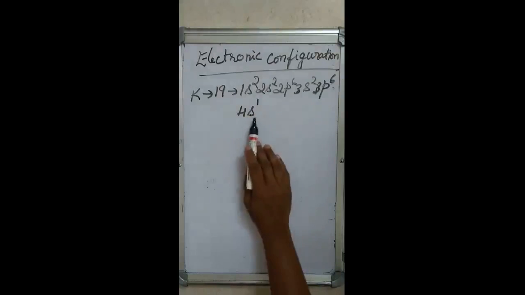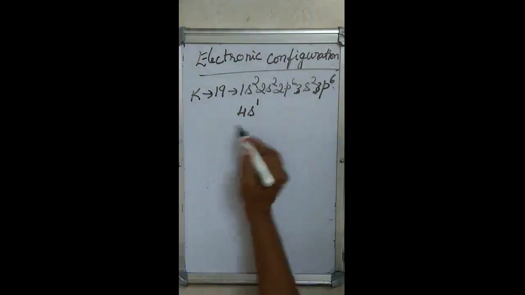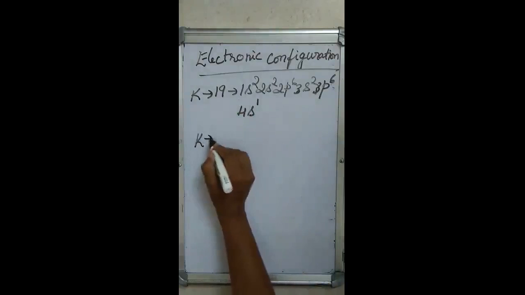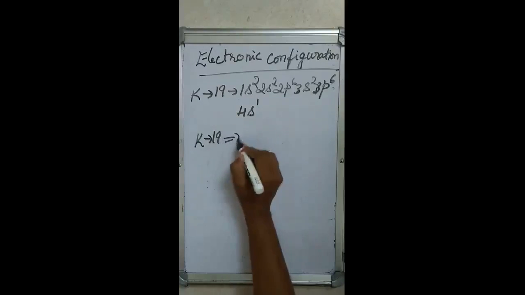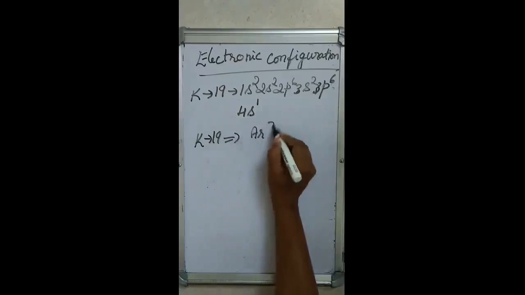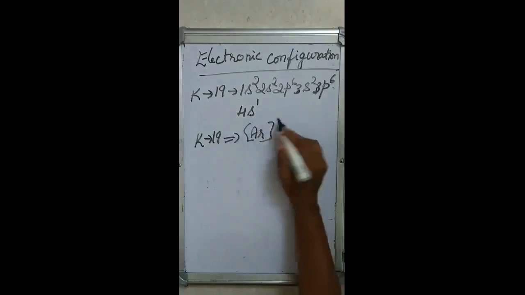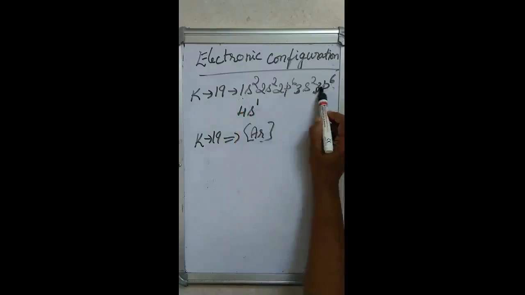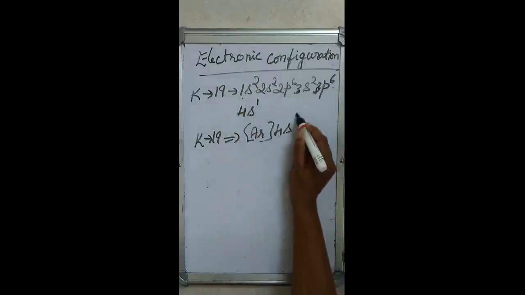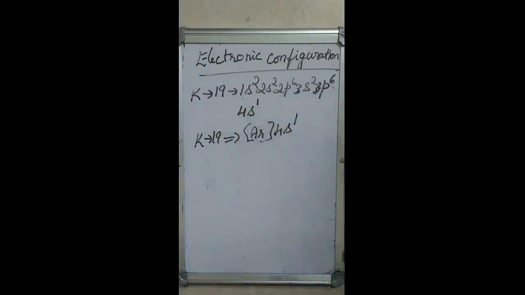So 4s1. Now this can also be written like this: argon. What is the atomic number of argon? It is 18. So from 1s to 3p6 is the argon electronic configuration. Now you can write like this also; this is another method of writing.